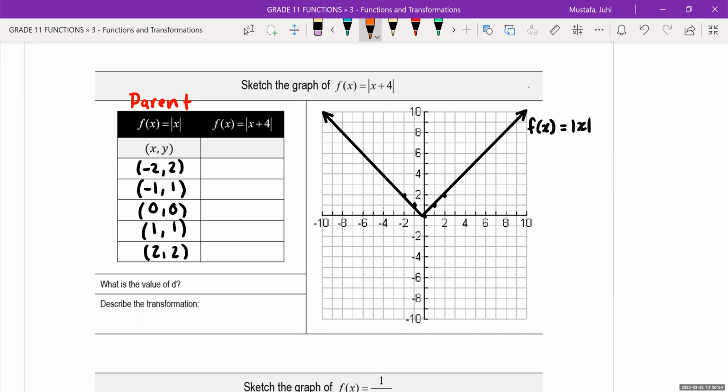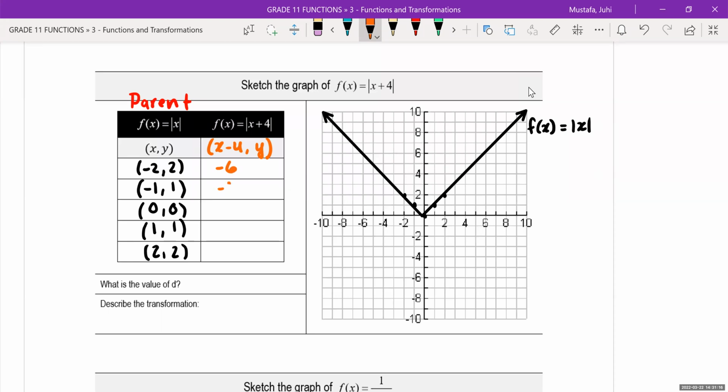Okay, and for this, we have an x plus 4 all inside the absolute value sign, so that's considered to be inside the bracket. If it's plus 4, that means our graph is going to be moving 4 units to the left. That means every x value is actually going to be subtracting 4, and the y values will remain unchanged.